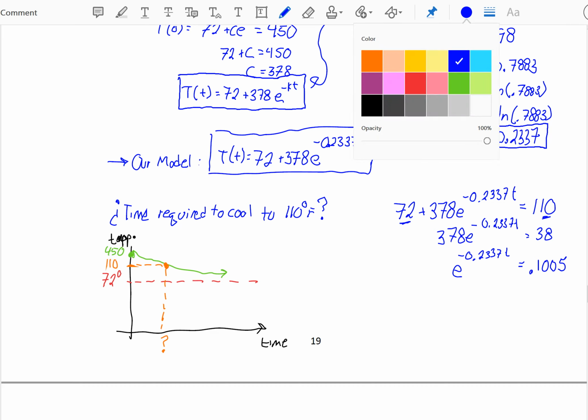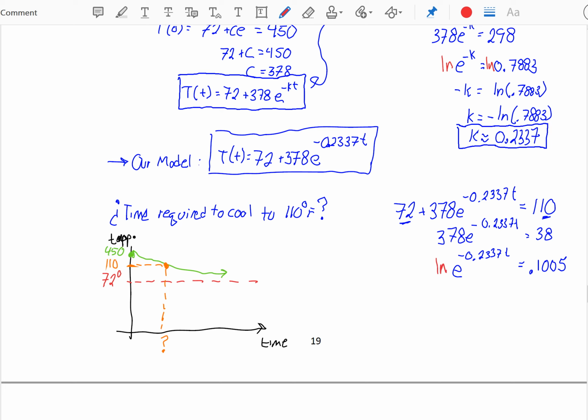We will now choose to apply a natural logarithm to both sides because the natural log and the exponential function e are inverses of each other. We'll divide by negative 0.2337 to get t is the natural log of 0.1005 divided by negative 0.2337.